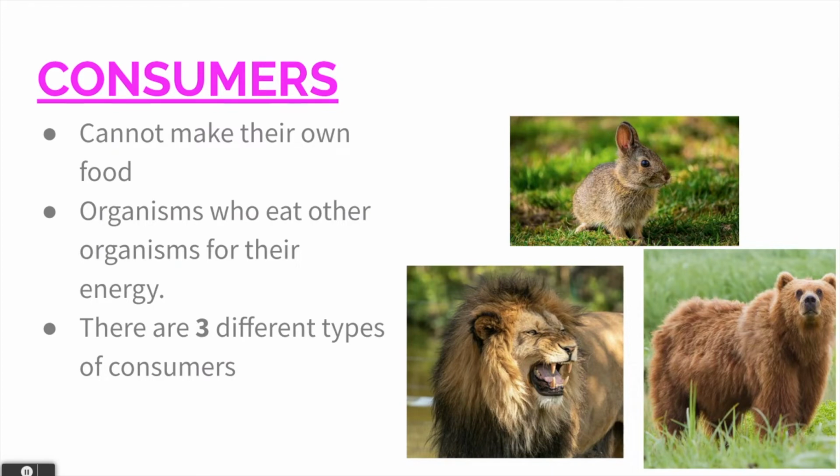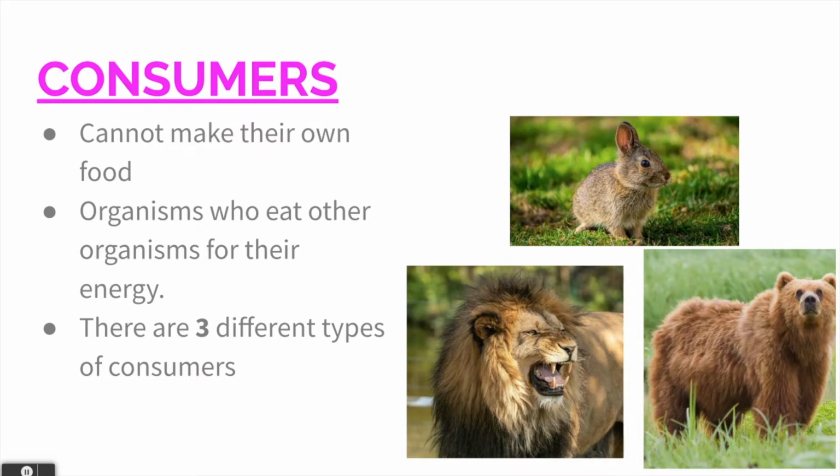Consumers cannot make their own food. These are organisms who have to eat other organisms, whether it's a plant or another animal. These organisms eat other organisms to get energy. Some organisms prefer to eat plants, others prefer to eat other animals, and some prefer to eat both.